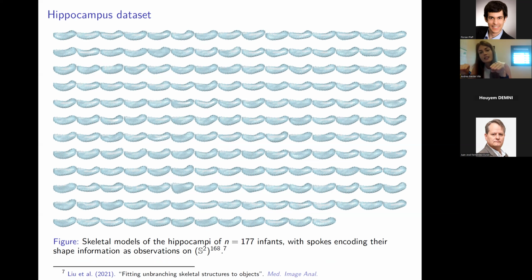So it makes sense to consider a common skeleton and try to analyze the direction from the skeleton to the boundary. For this reason, with this data set, we have a parameterization on the polysphere of dimension 168. Recall that these 168 are the number of spokes that we have in each hippocampus, that is each direction.